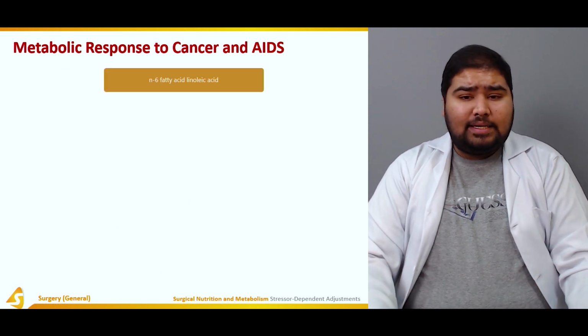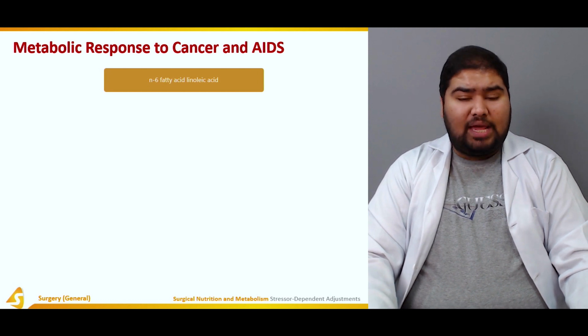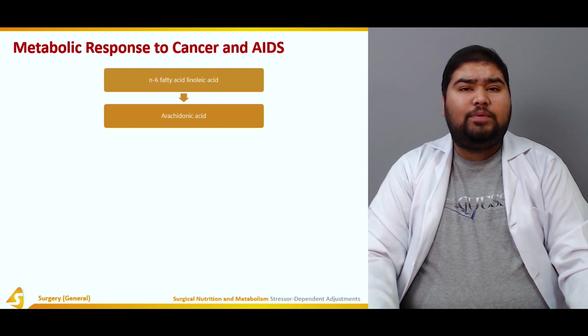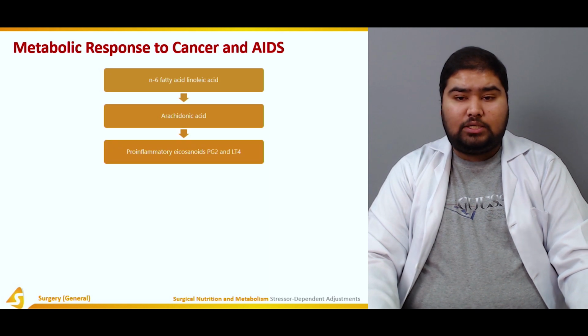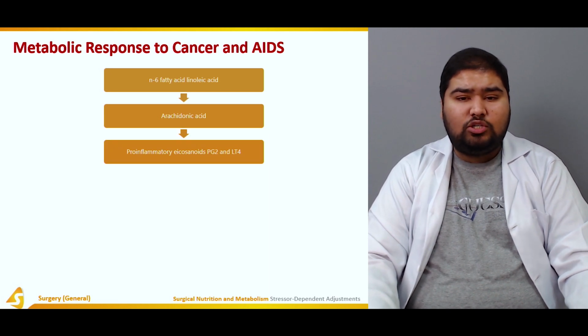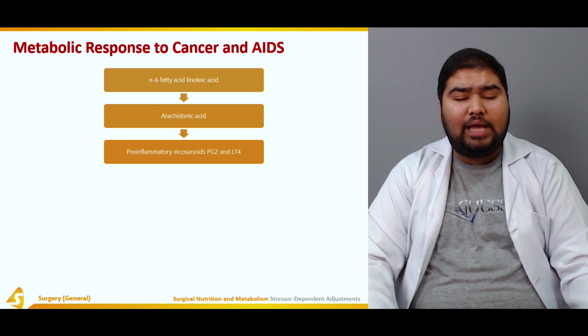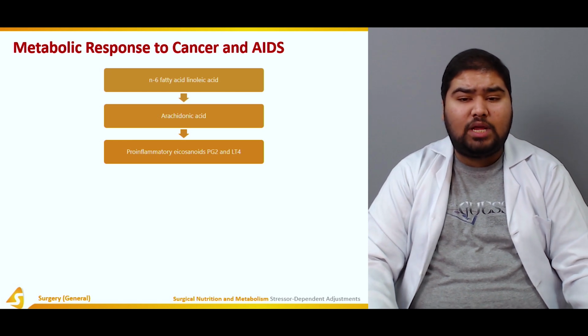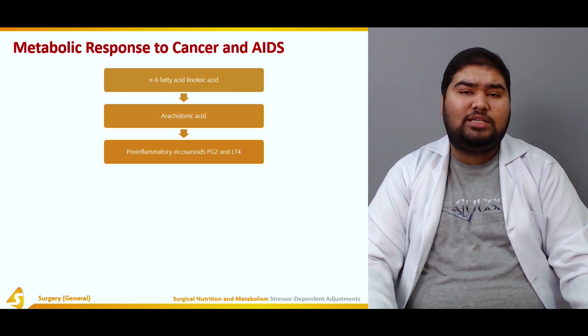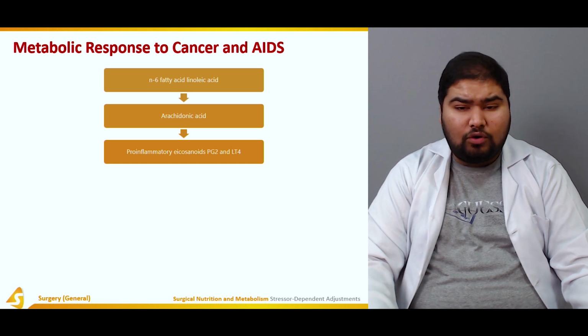So these N6 fatty acids and linoleic acids, both of them help in the production of arachidonic acid. So what does this arachidonic acid do? It helps in the production of pro-inflammatory eicosanoids, prostaglandin 2 and leukotriene 4.